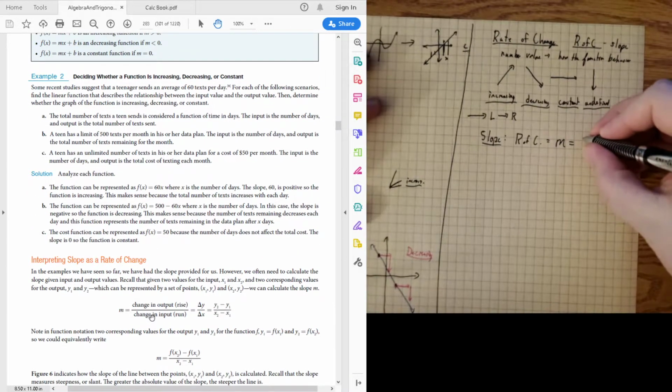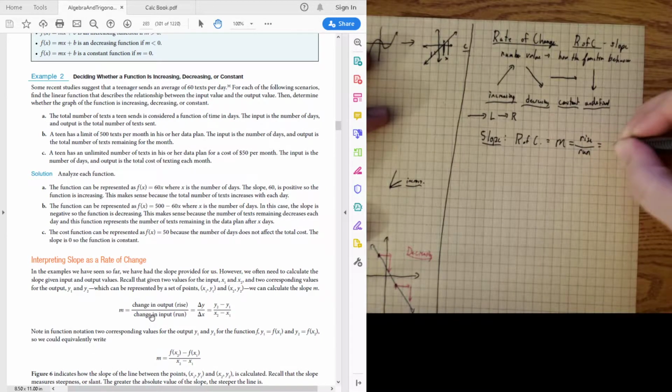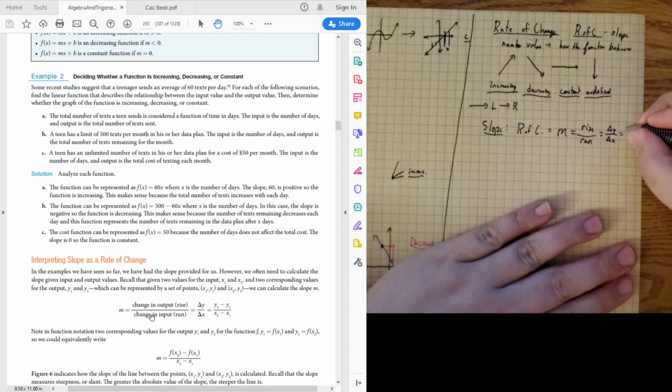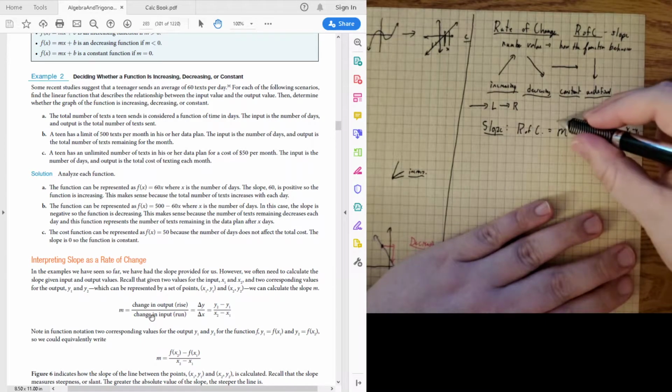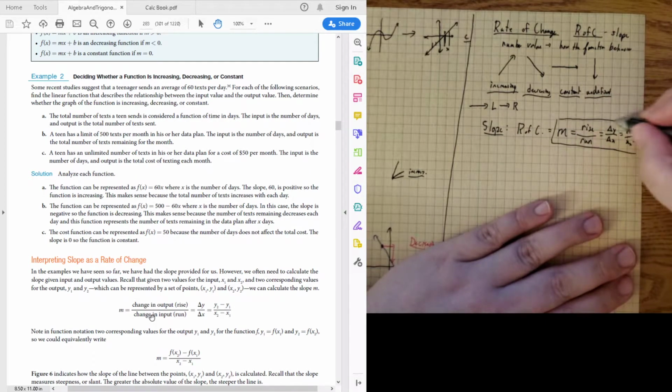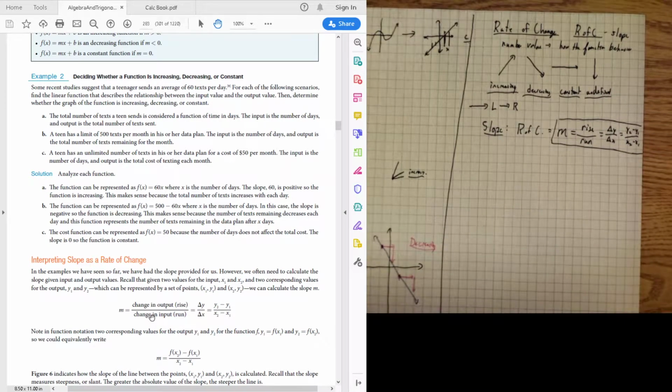We have rise over run. We have delta y over delta x. And the far more standard y2 minus y1 over x2 minus x1. All three of these are the same thing, and probably one of the most important pieces from this homework assignment.